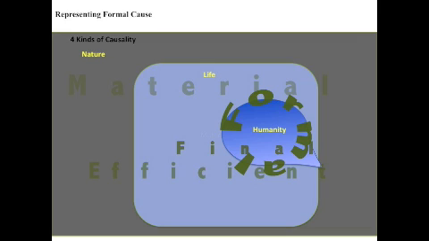Now, as far as the painting goes, when you look at the painting, the mind of the painter and the mind of those who would look at the painting are basically the formal cause of the painting.